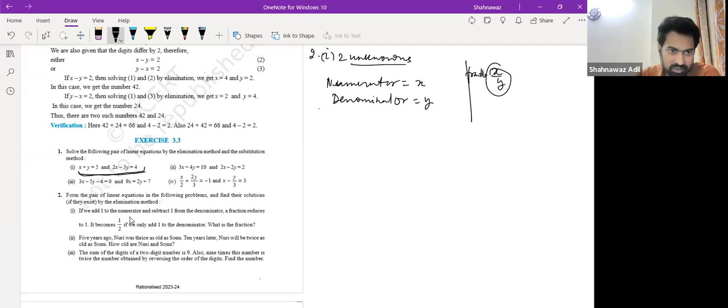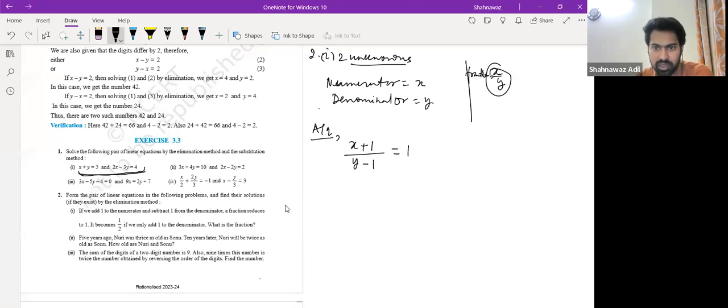So what are they saying? If we add 1 to the numerator, so x plus 1, and subtract 1 from the denominator, y minus 1, right? So the fraction reduces to 1. So this becomes 1.